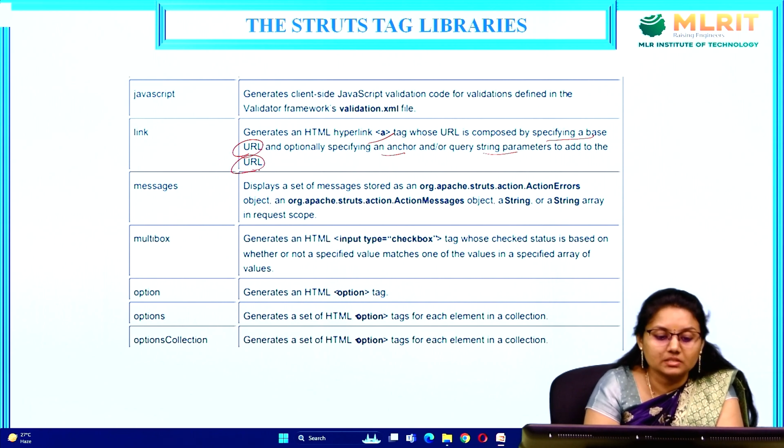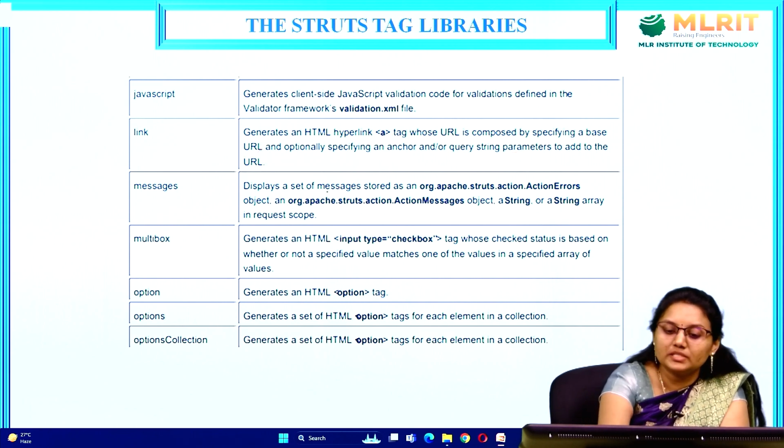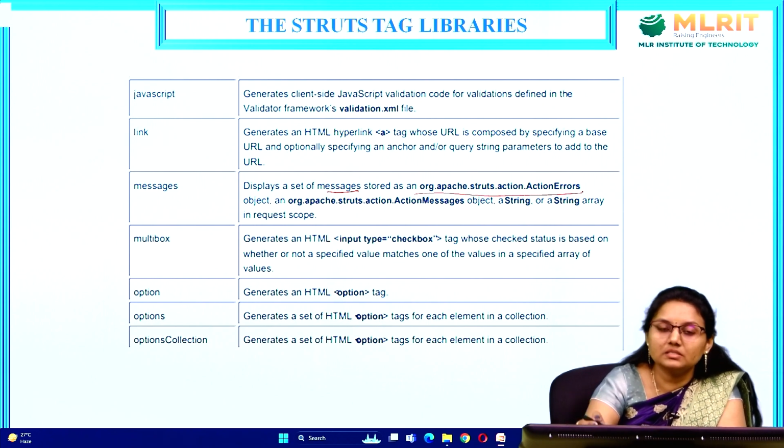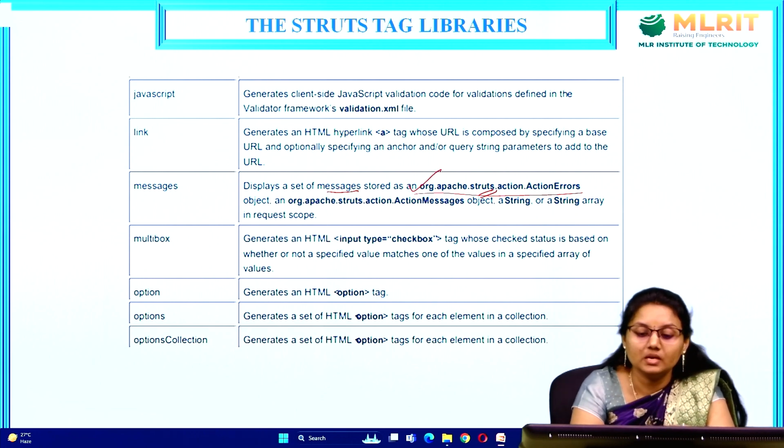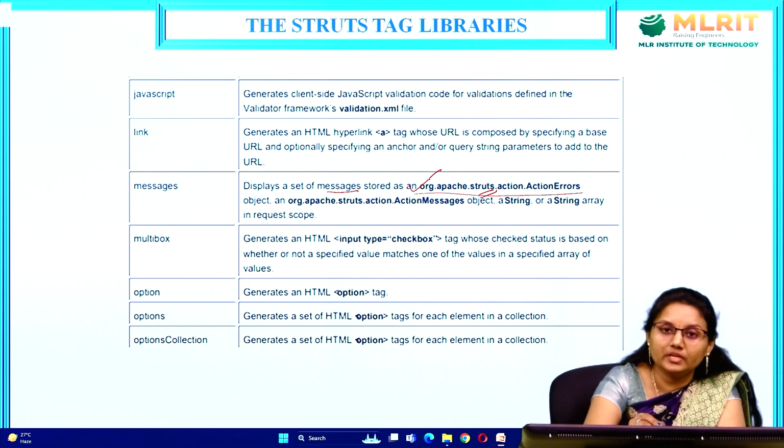Then messages. It displays a set of messages stored in this. What is this org.apache.struts? This is the original website where your Struts documentation is, or where Struts can be downloaded. Everything is defined here. So for every API we use, you can just extract it from here.